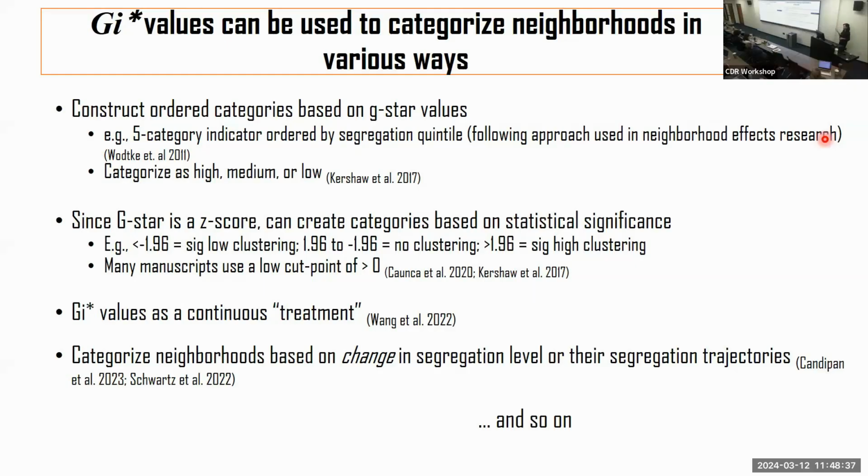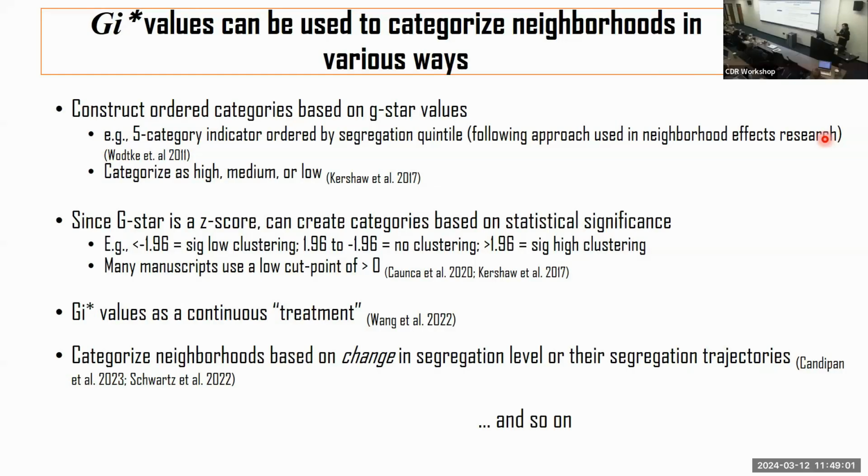We can do the same thing for segregation, to see the extent to which somebody is exposed to segregation. We can categorize in all sorts of ways, high, medium, low, and use z-scores to create categories based on significance. I should say that a lot of researchers use a low cut point in the other direction, less than zero.